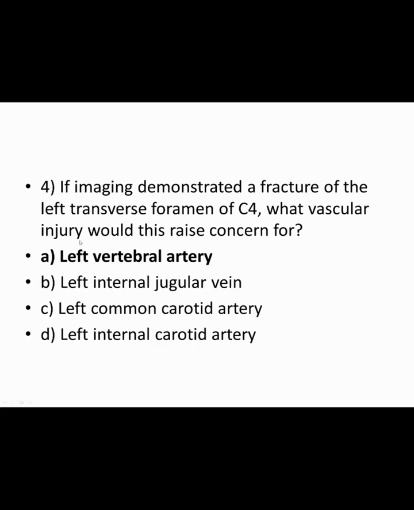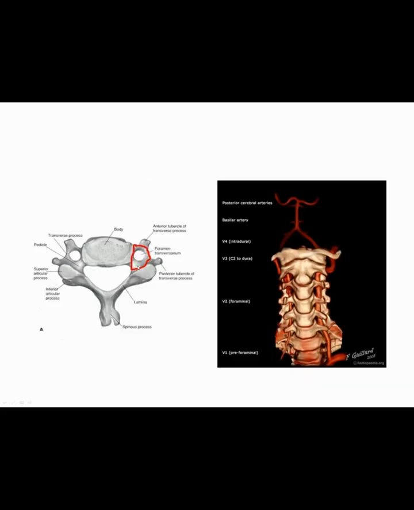And since the left vertebral artery is what lies within the transverse foramina of the cervical spine, you could see how if there was a fracture, we'll show the diagram here of this, that there is a possibility that a fracture fragment could become displaced and cause a laceration of the vertebral arteries.